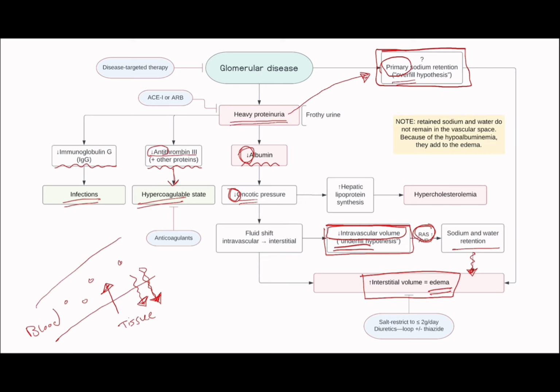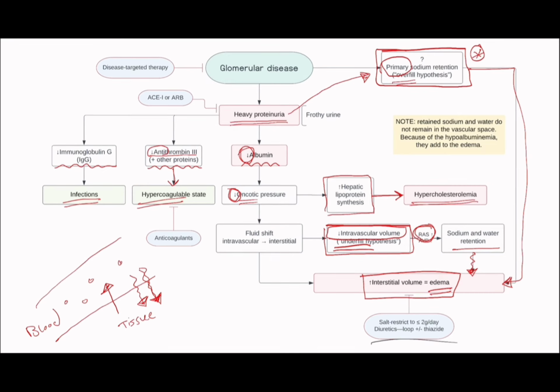And this results in edema. It is thought that this hypothesis, the overfill hypothesis, is the main explanation of the edema in nephrotic syndrome. The liver responds to the reduced oncotic pressure by increasing lipoprotein synthesis, and this results in hypercholesterolemia.